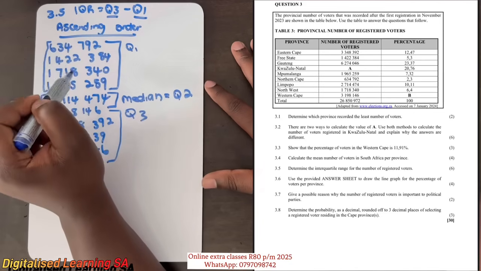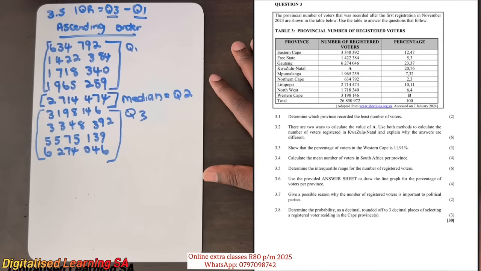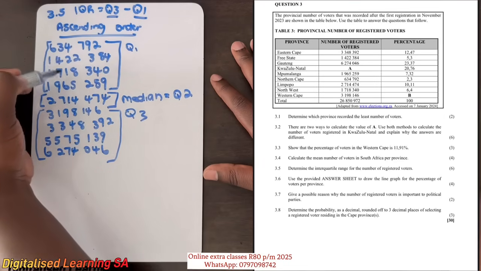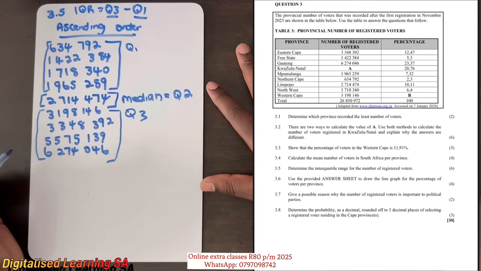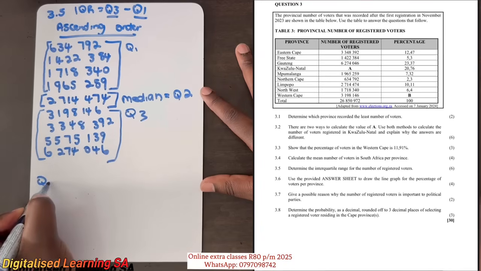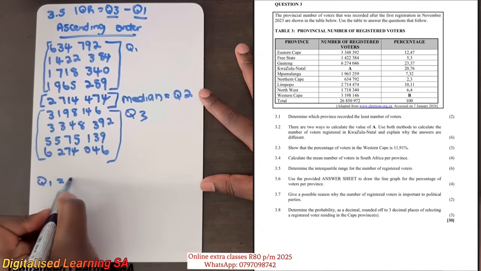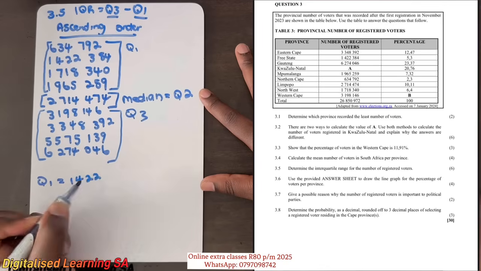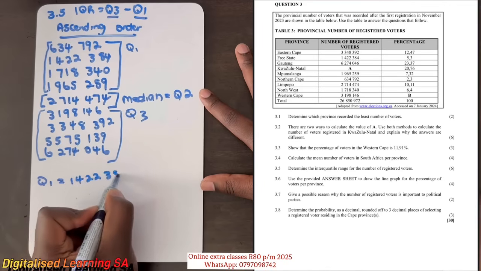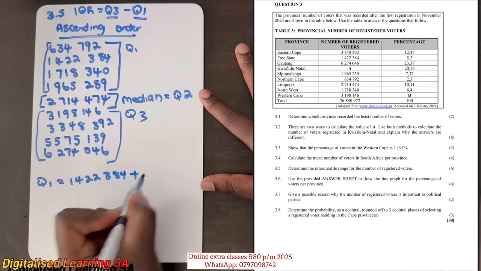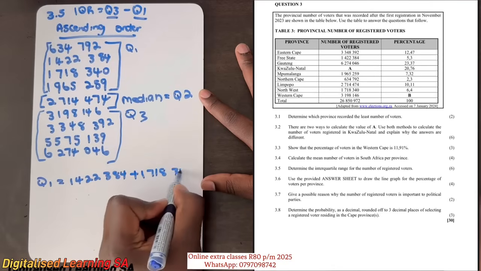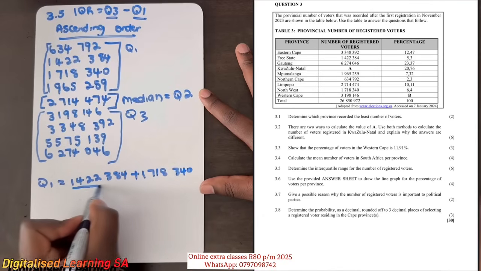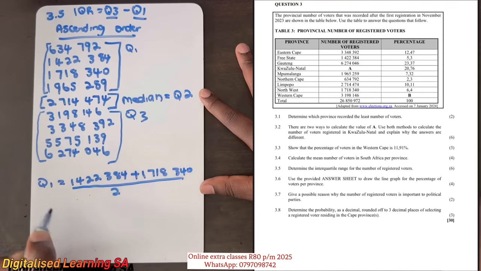So to find the median, we take the 2 that are in the middle and add them and divide by 2, meaning that our Q1 is going to be 1422384 plus 1718340. We add those and divide by 2 and we'll be able to find our Q1.